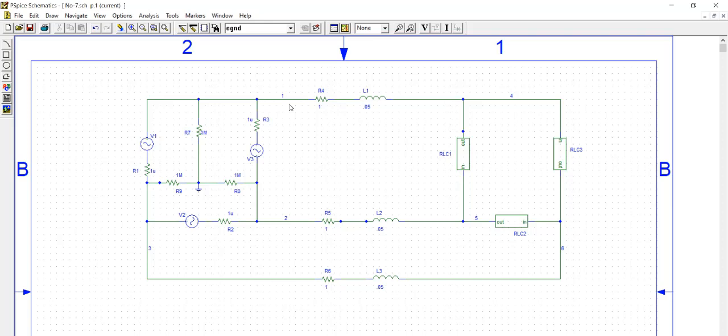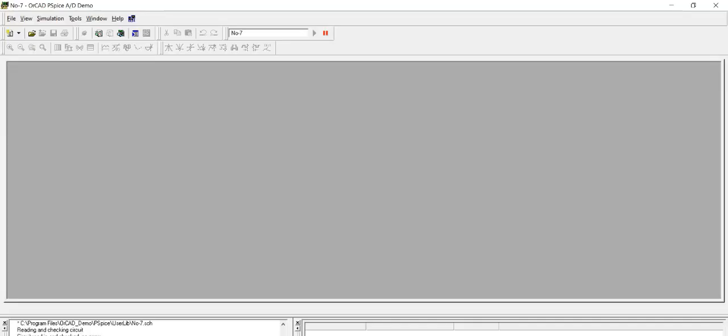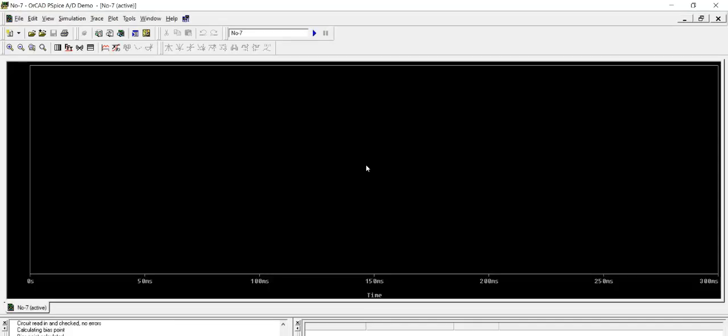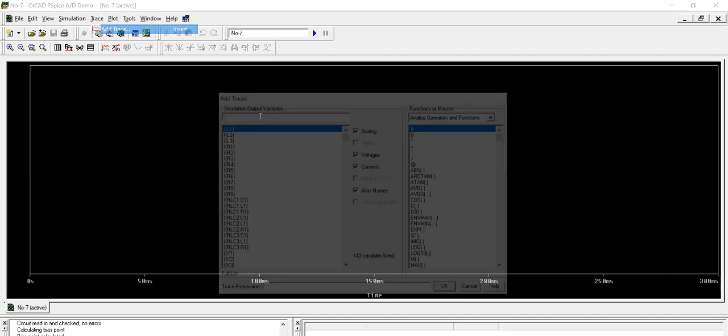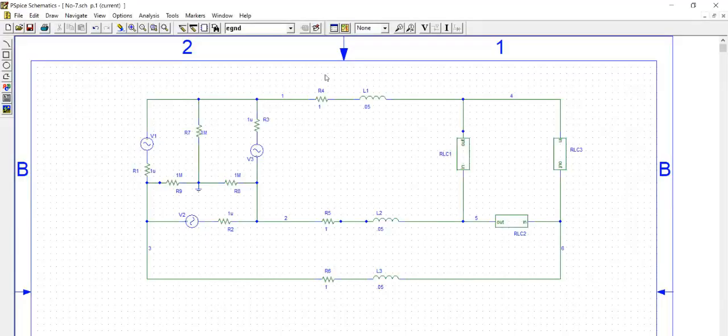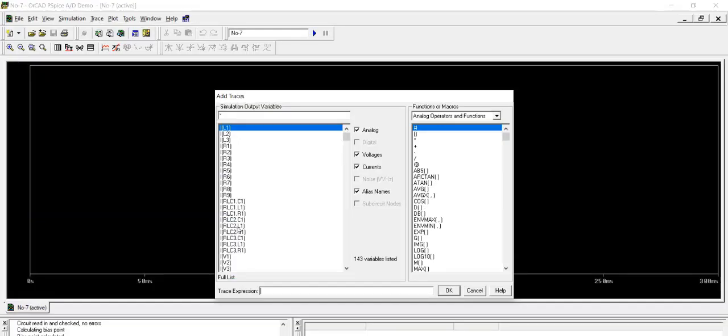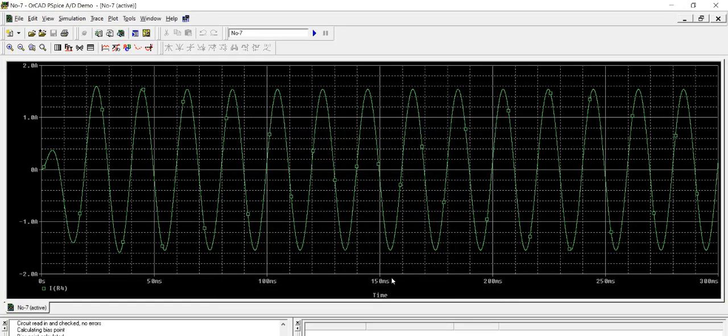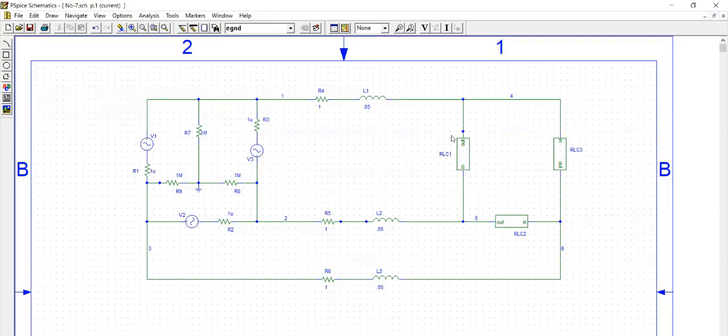So if we want to select line current, let's simulate this. So go to trace, add trace, line current is the current going through resistance R4. So I(R4), this is our line current, and our phase current is RLC1.